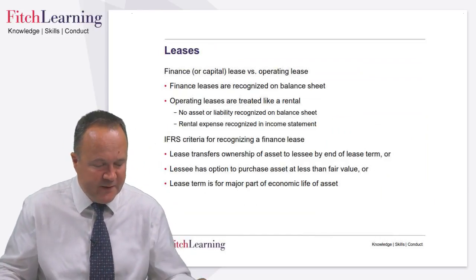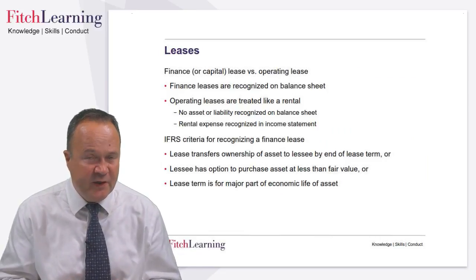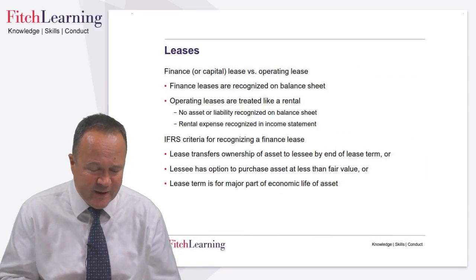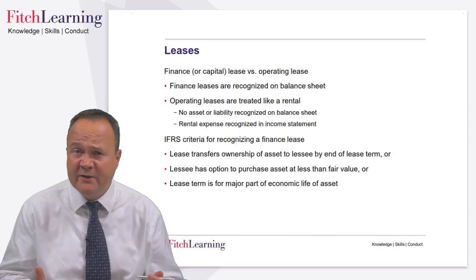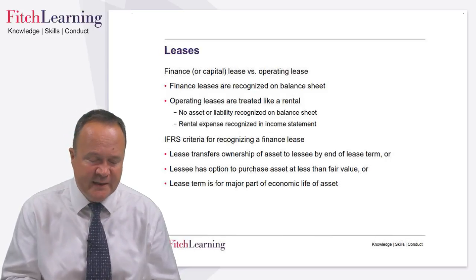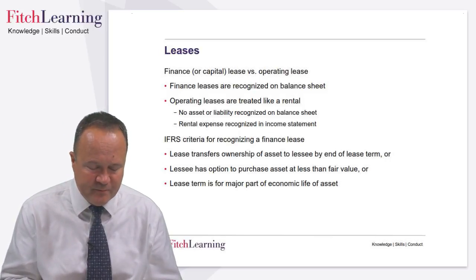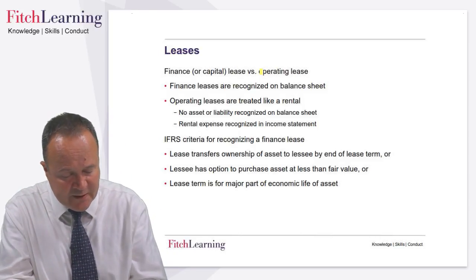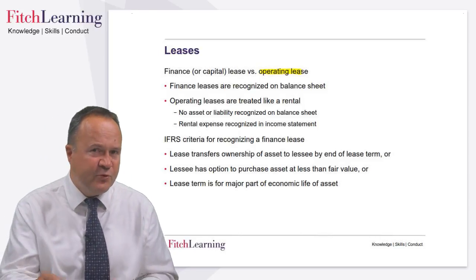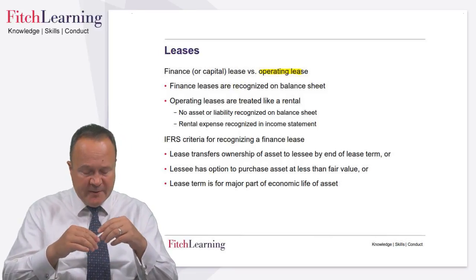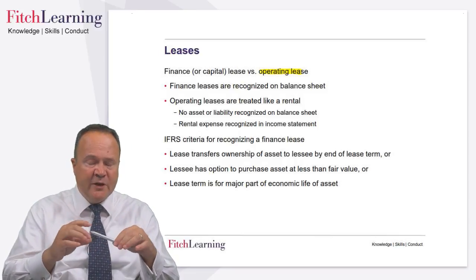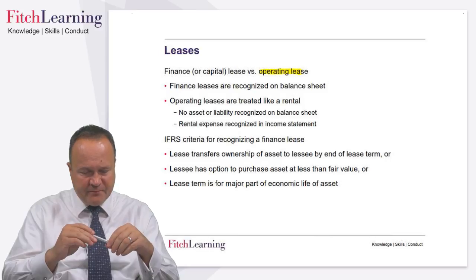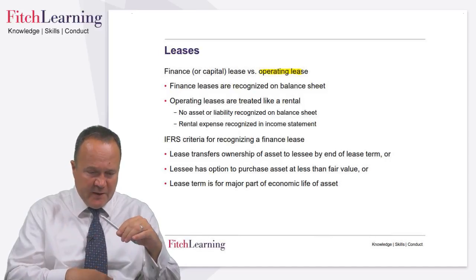Let's now think about a lease. A lease is a rental agreement. You're renting an asset. There are two types of lease. You have an operating lease, which was originally designed for a short-term lease, short-term contract.